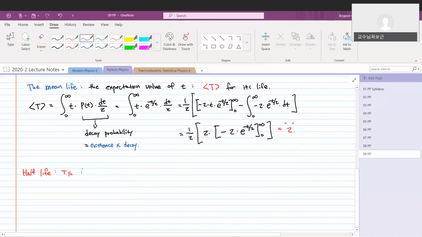This means that there is a 50% probability that the particle has decayed.